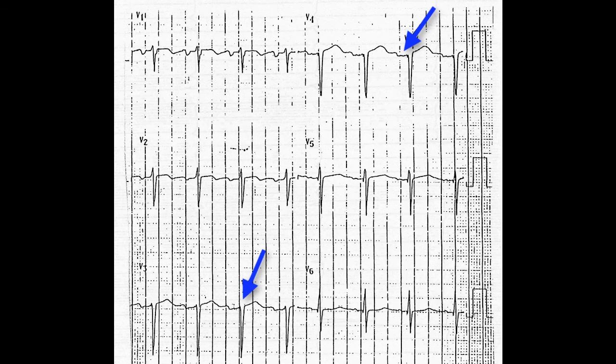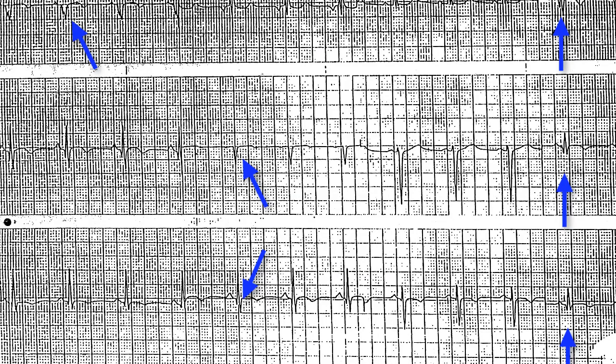Okay, the next one is on page 19, and you can see that this is what's called an anterolateral wall MI, or infarct. This is where you have Q waves found in V5 and V6, even sometimes V4. Sometimes it spills over a little bit to another area of the heart, but generally V5 and V6, and also leads 1 and AVL.